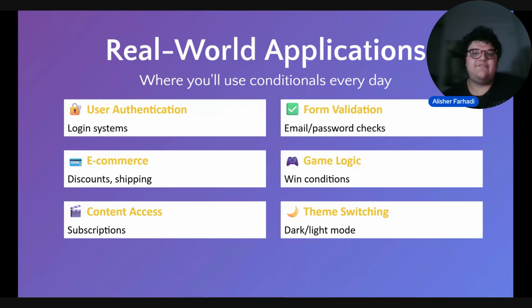There's a lot of conditional checking going on every day. Even when you go to a website and you have dark theme versus light theme, it's a conditional check that it does against your system, and it checks if your system is dark mode or light mode. This is how you build your fundamental logic of the application.